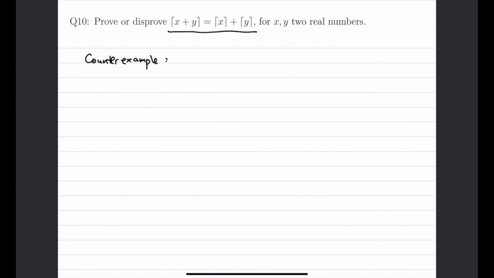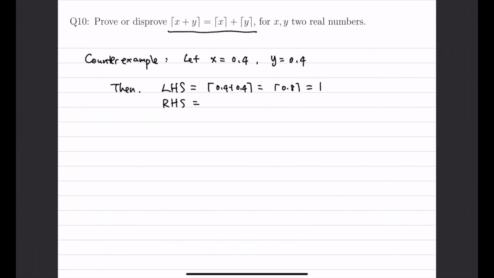For example, let x be 0.4 and y be also 0.4. Then the left-hand side of the equation is the ceiling of 0.4 plus 0.4, which is the ceiling of 0.8, which is equal to 1, because it's the smallest integer larger or equal to 0.8.